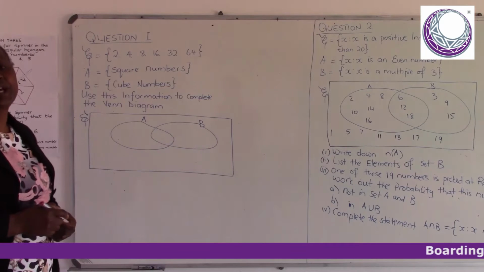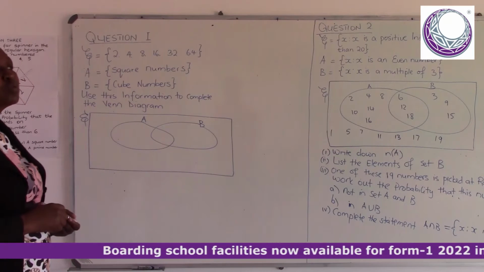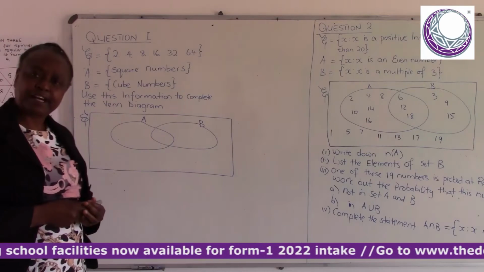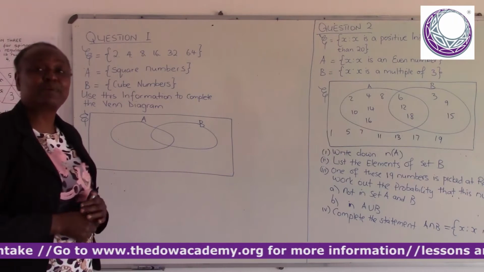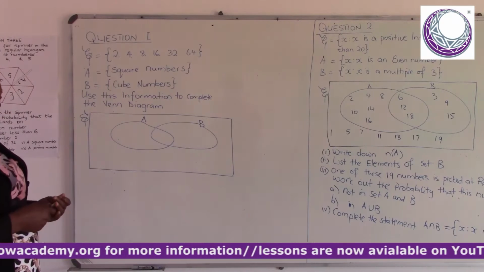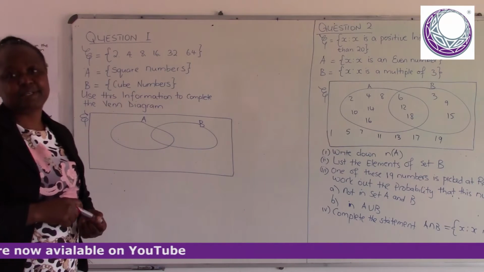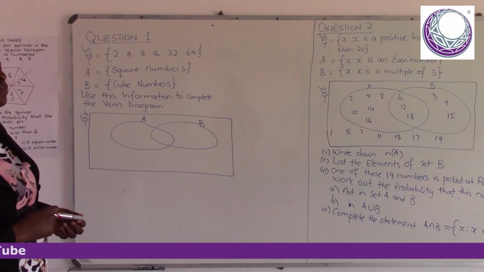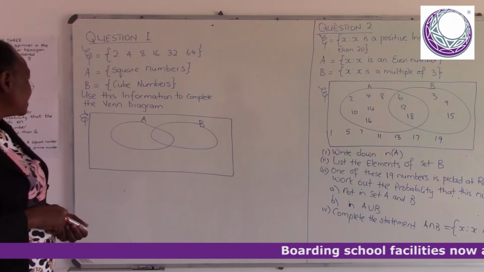Now in cases where you are given the main set, then the subsets are described, like in this case, it is always important to list them first so that when you answer the questions, it will be easier. It's easier to remember, or it's easier to represent them when they are listed. So in this case, we are supposed to use the information to complete the Venn diagram.